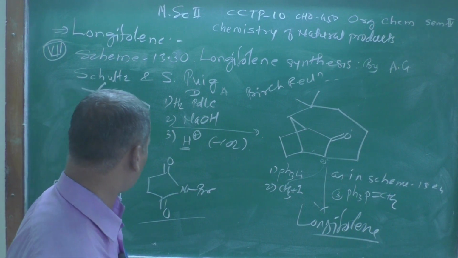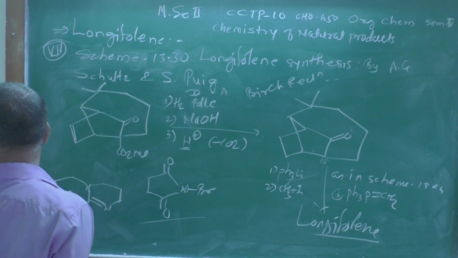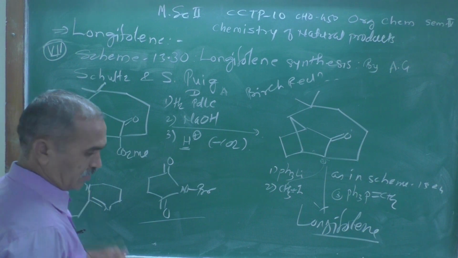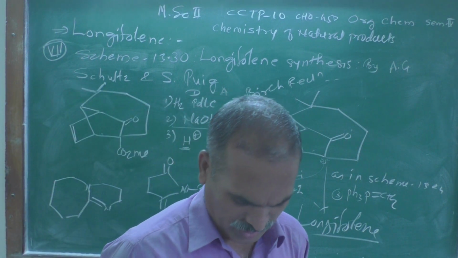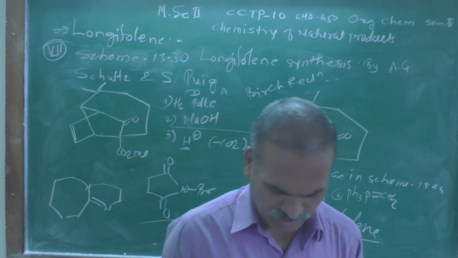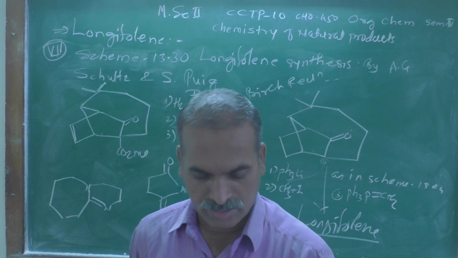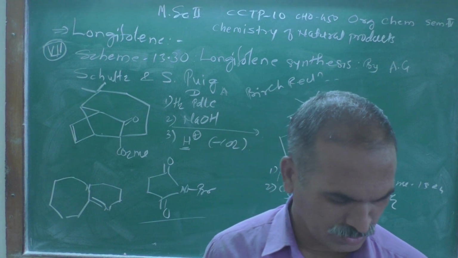So this is the structure, one is a 6-membered ring, another one is a 7-membered ring, and it is a nucleophilic sterically hindered base which is used over there.